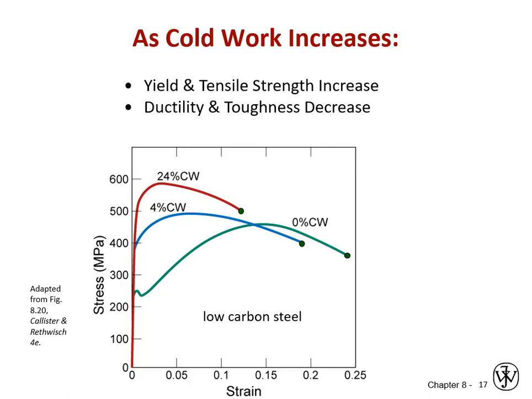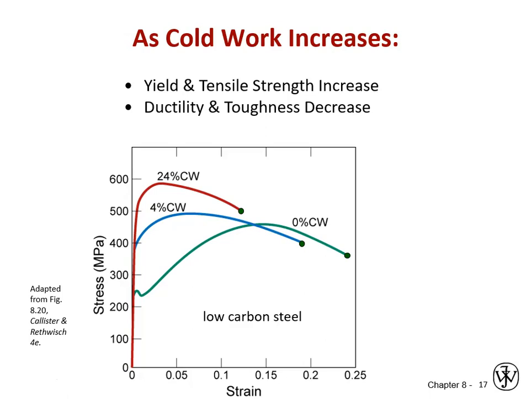And we put them in our Instron, did a stress strain test, and pulled them to failure. The one with 0% cold work would have a yield stress down around 250 megapascals, and then it would work harden in the test up to an ultimate tensile strength of about 450.